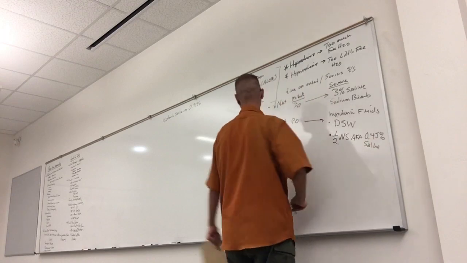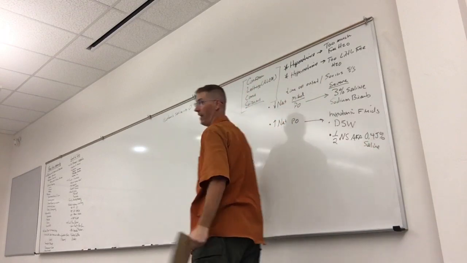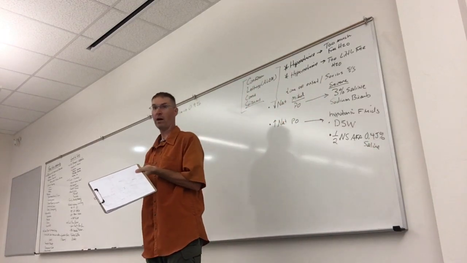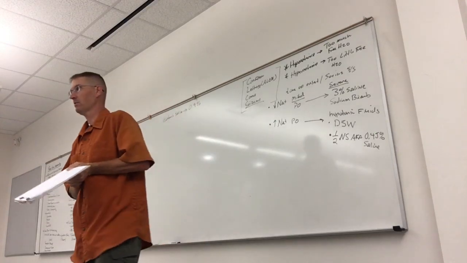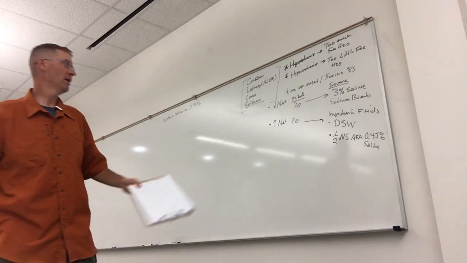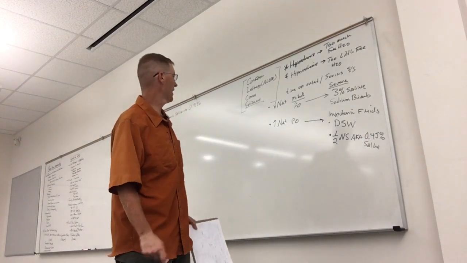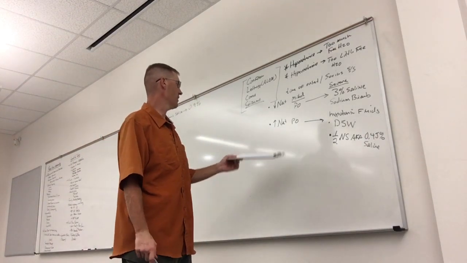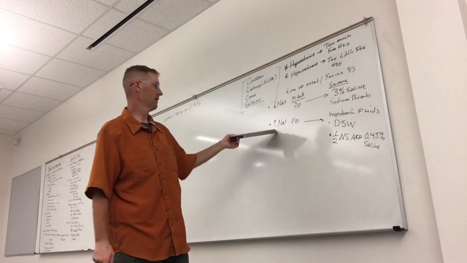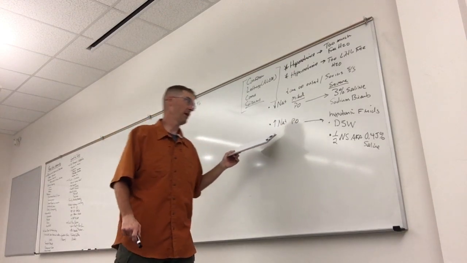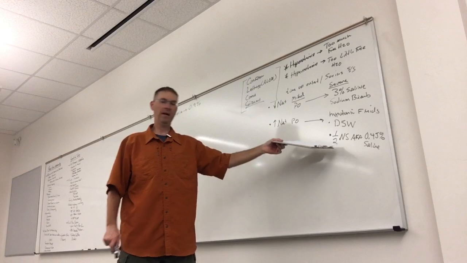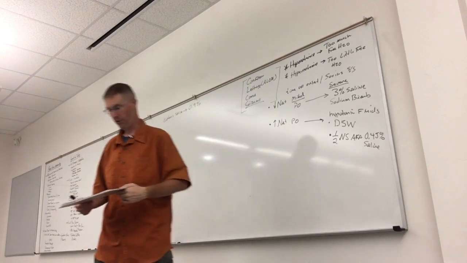So it's half of the 0.9, right? Well, that's going to be hypotonic. So those are the two common hypotonic fluids that we would use in the setting of a severely hypernatremic patient, where we are correcting by giving that patient additional free water.